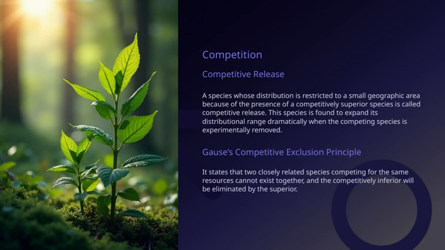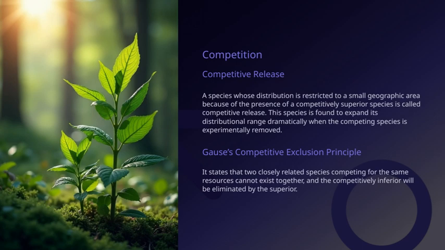Now, we also see the term competitive release here, which is a fascinating concept. It refers to a situation where a species that's normally limited to a small geographic area because of the presence of a stronger competitor suddenly expands its range when that competitor is removed or reduced. For example, if we experimentally remove the superior competitor, the previously restricted species can thrive and occupy a much larger area than before.